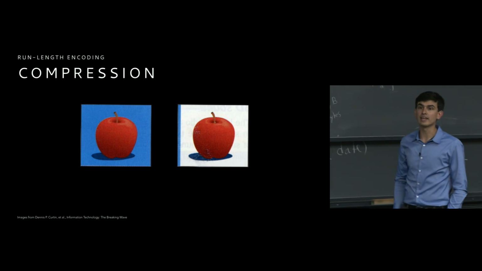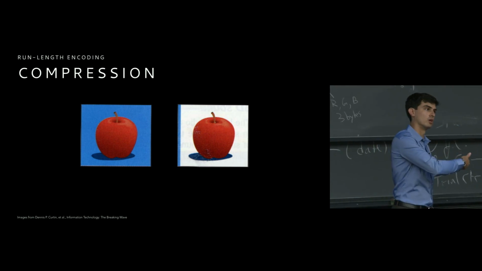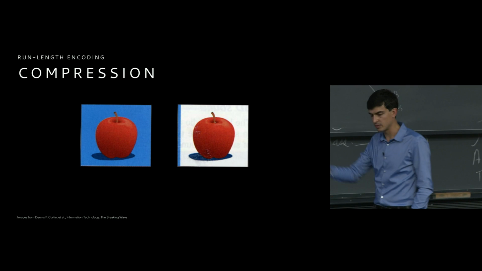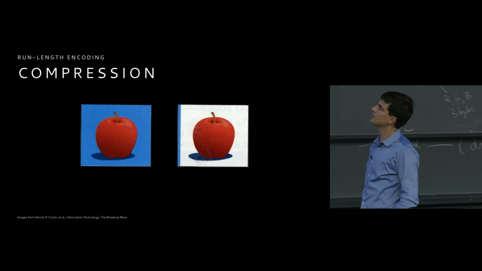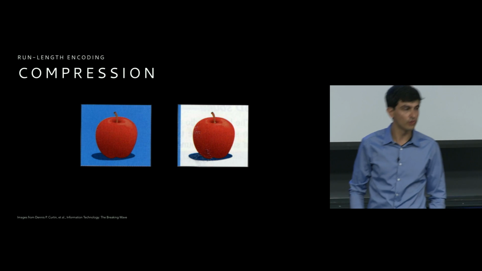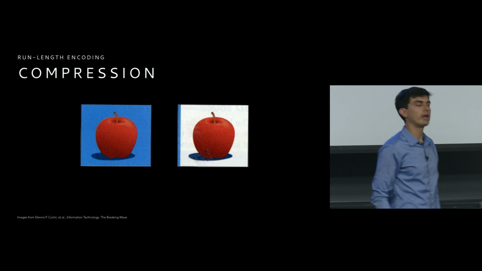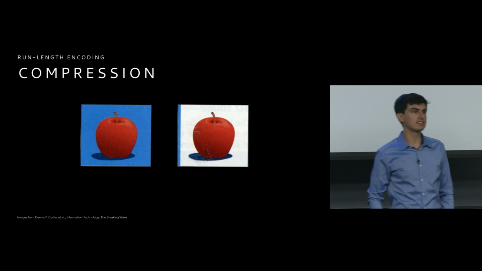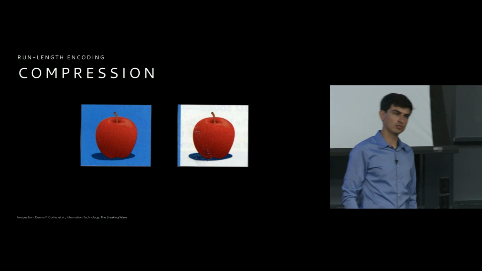Imagine that we apply this same compression, what's called run length encoding, because you're running across the row trying to figure out how much of a run you can actually encode with this information. Imagine we try to apply this to a photograph that has gradients, that has slight variations in the red from one pixel to the next.